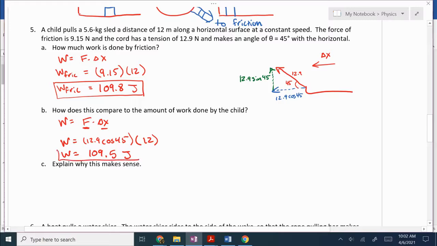So, explain why this makes sense. This makes sense because the sled is moving at a constant speed.